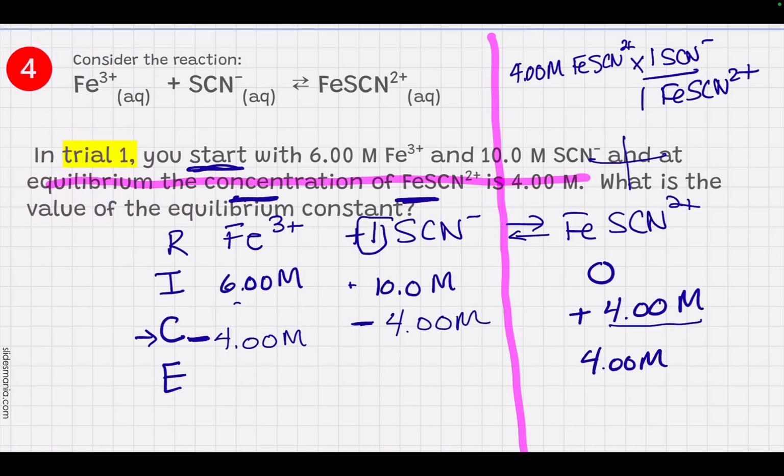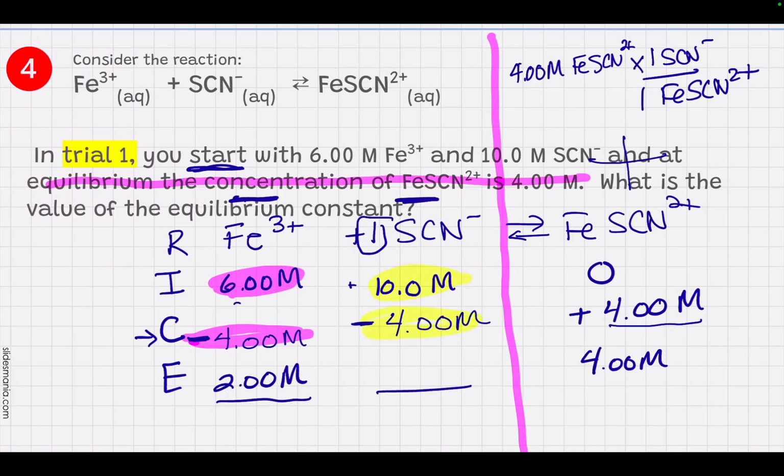So then what I do to get my 2 equilibrium values here and here is I just add going down. So I'm going to take 6 minus 4, which gives me 2. So at equilibrium, I'm going to have 2 moles per liter of iron plus 3 ions. Similarly, I'm starting with 10 moles per liter.